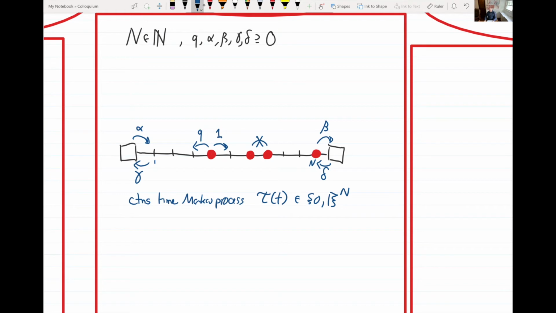Now, this might not be so clearly related to a height process, but there's a simple way of relating this to a height process, through defining a height function and looking at its evolution.